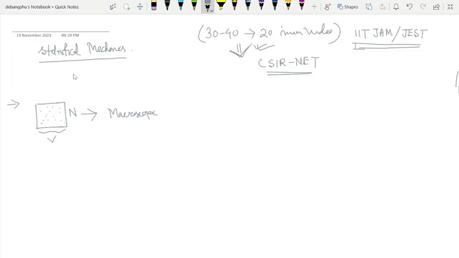macroscopic terms. I think you will not understand what a macroscopic term is.